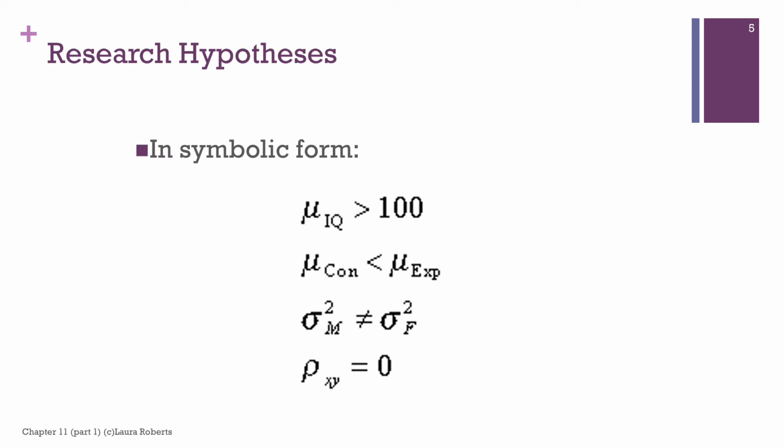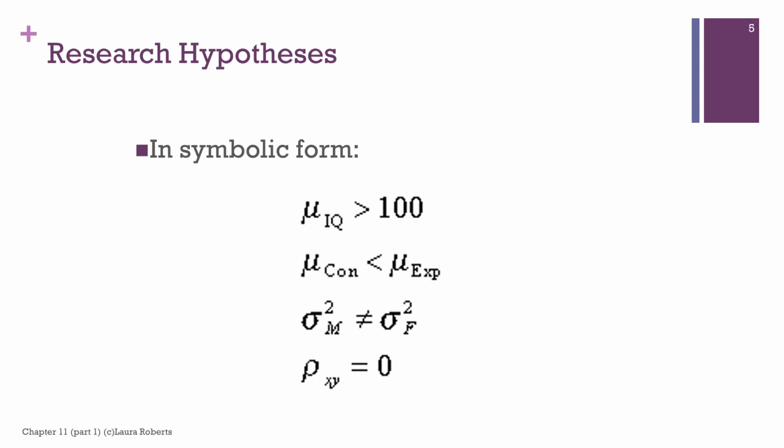In symbolic form, you can see how each symbolic statement matches the following verbal statements, going from top to bottom. Students at International University are smarter than average, so the mean of the population IQ is greater than 100. The control condition is less effective than the experimental treatment, so the mean of the control is less than the mean of the experiment.